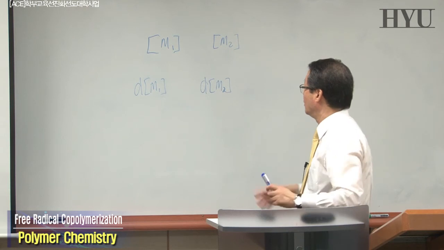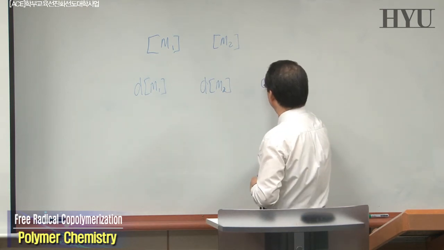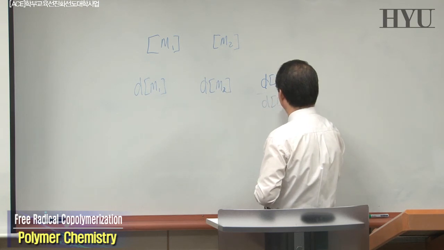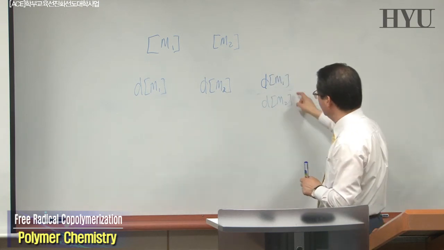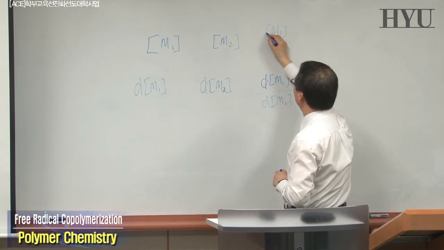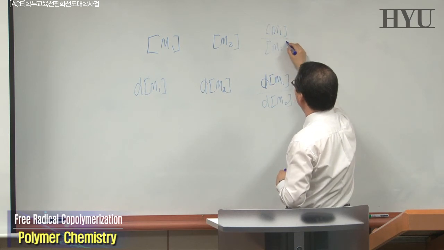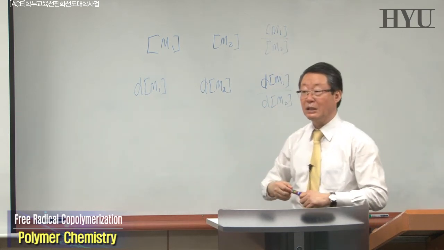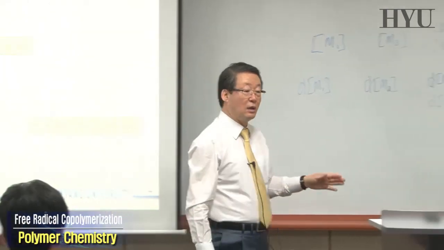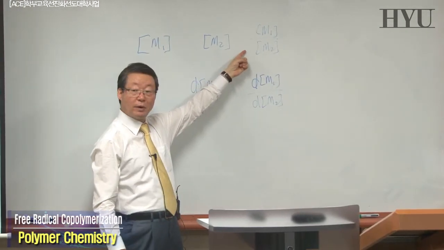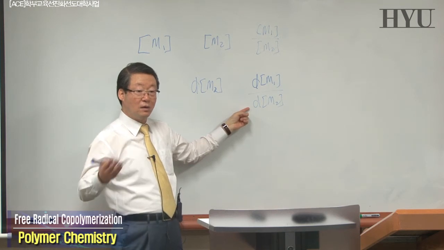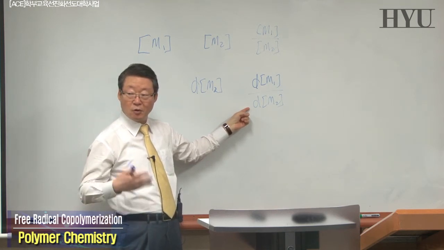So dM1 over dM2 is the monomeric units in the copolymer systems, whereas M1 over M2 is the monomeric units in the reaction, at the beginning of your reactions. This is the monomer concentration ratio. This is the final monomeric units ratio in your copolymer systems.